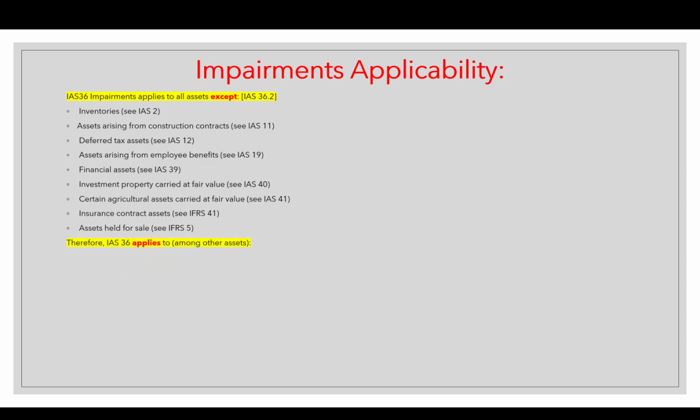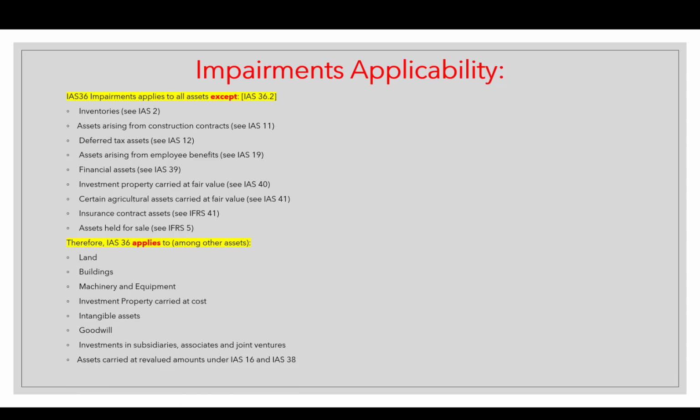Therefore, IAS applies to land, buildings, machinery and equipment, investment property carried at cost, intangible assets, goodwill, investments in subsidiaries, associates and joint ventures, and assets carried at revalued amounts under IAS 16 and IAS 38.